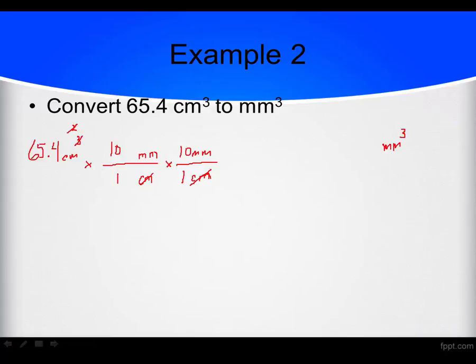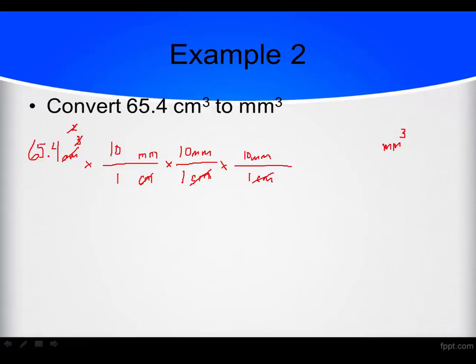And I've still got one left, right? What's centimeters times millimeters times millimeters? Is it millimeters cubed? Nah, it's not millimeters cubed, right? So we've got to do it one more time. 10 millimeters goes up on top, 1 centimeter goes on the bottom, and that centimeter on the bottom still cancels exactly one of those centimeters that's left over.